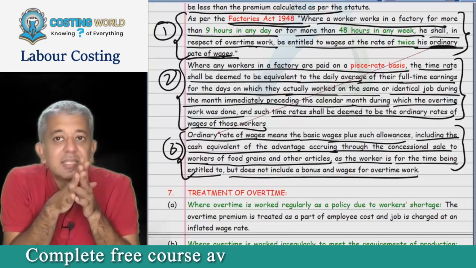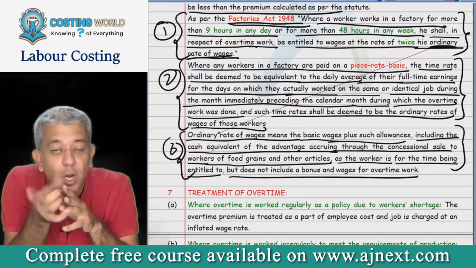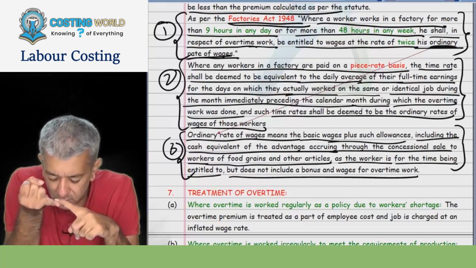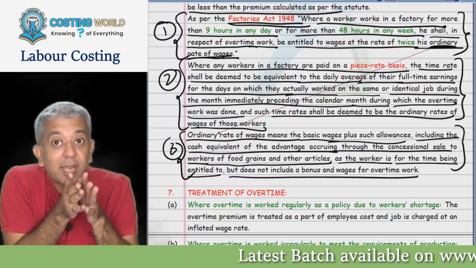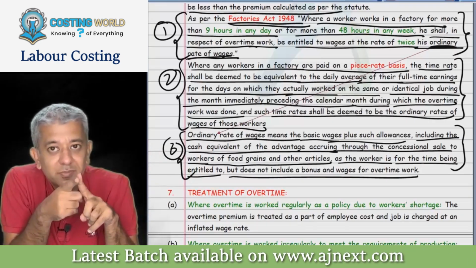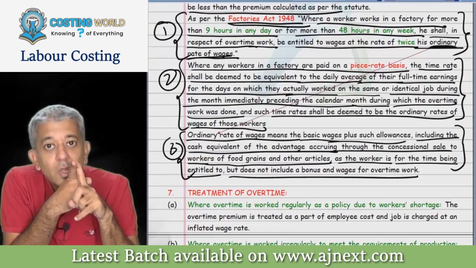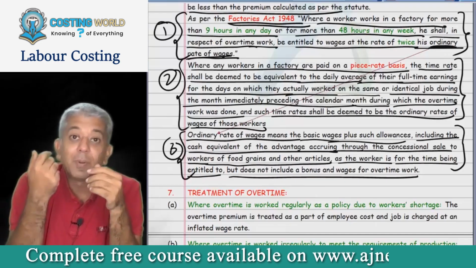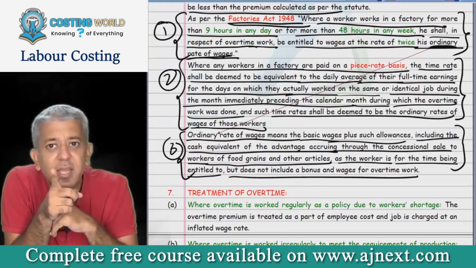Okay, what these guys say is, whenever you are trying to compute the ordinary rate of wages, you have to take basic wages. Can you say you will have to take the basic wages of the previous month? Yes. Okay, plus in this case the dearness allowance, those particular things, plus all the perquisites. Yesterday I gave you an example also.